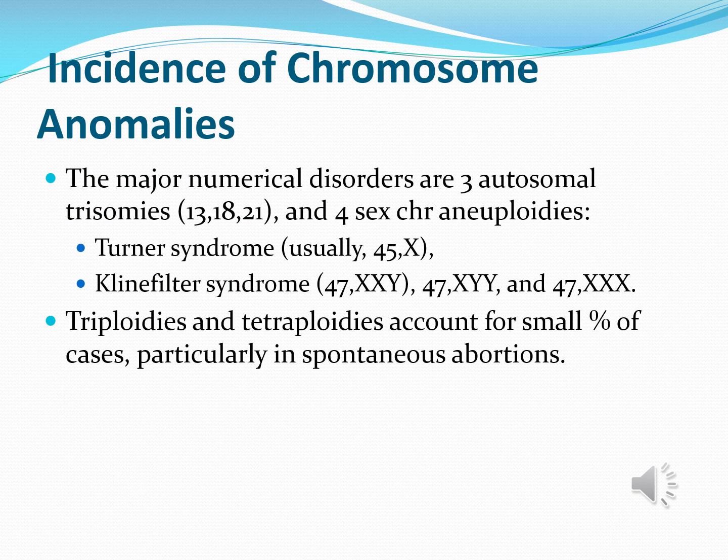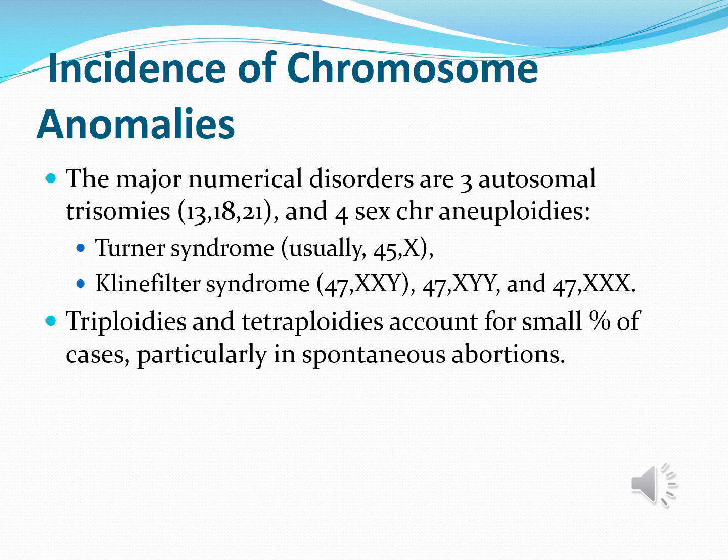The major numerical disorders are three autosomal trisomies, chromosomes 13, 18, and 21, and four sex chromosome aneuploidies: Turner syndrome, usually 45,X, Klinefelter syndrome, 47,XXY, 47,XYY, and 47,XXX. Triploidies and tetraploidies account for a small percentage, particularly in spontaneous abortions.